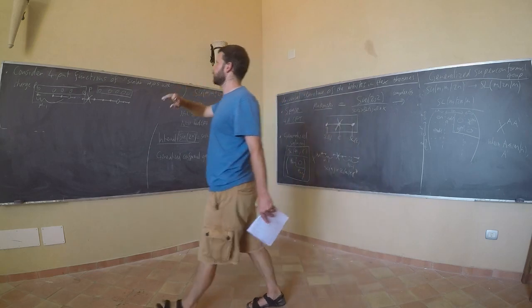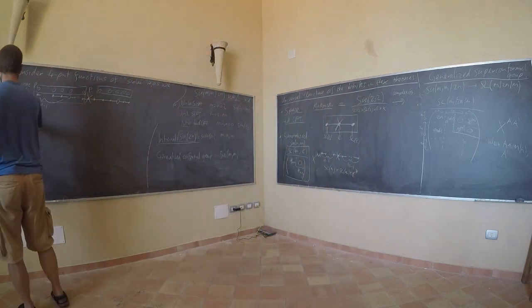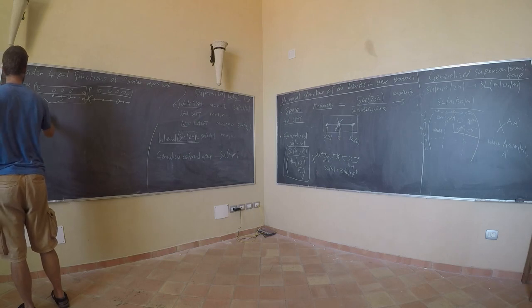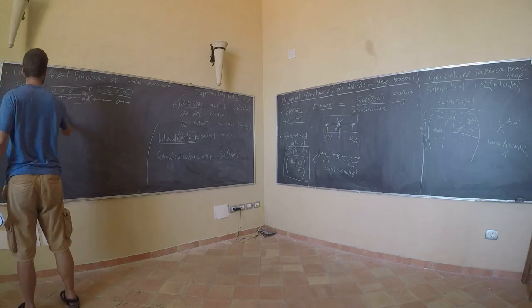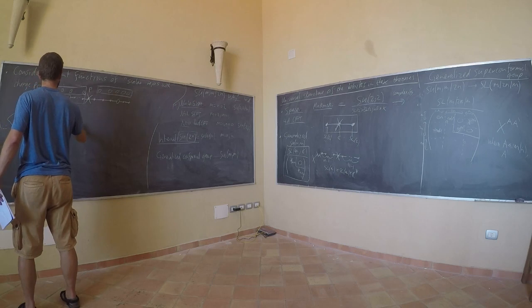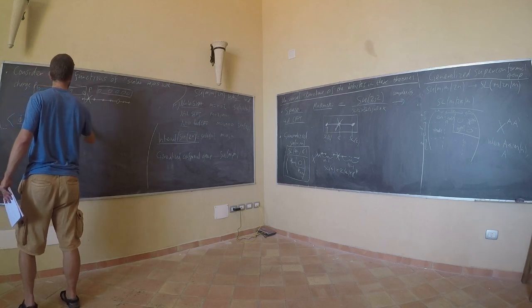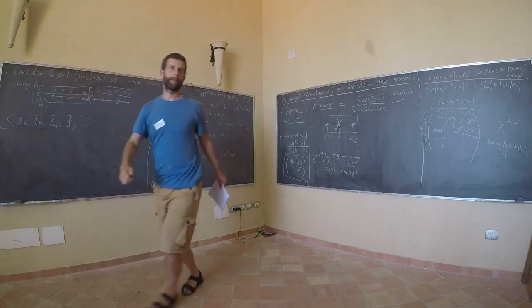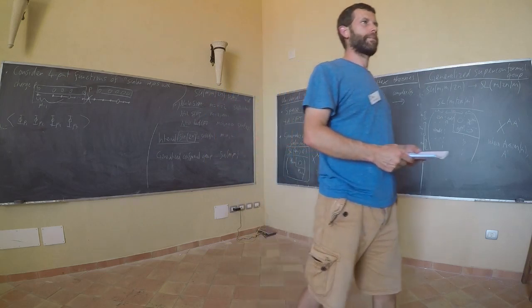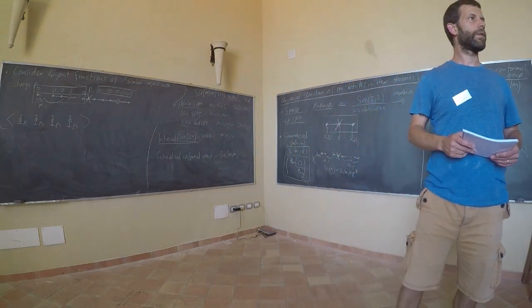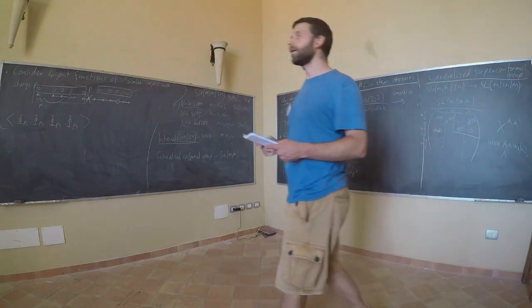I'm going to consider 4 of these guys. So we write it as phi p1, phi p2, phi p3, phi p4. So in the usual N=4 super Yang-Mills, this will be like the 0p0. Yeah, exactly.